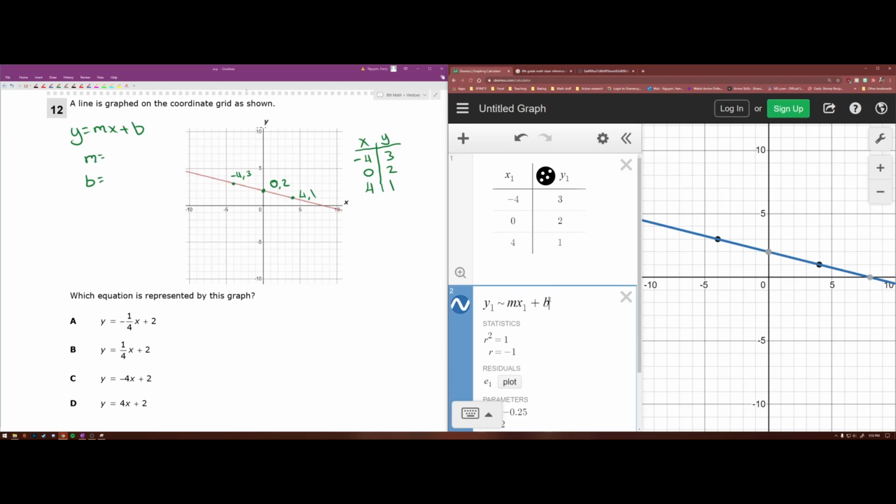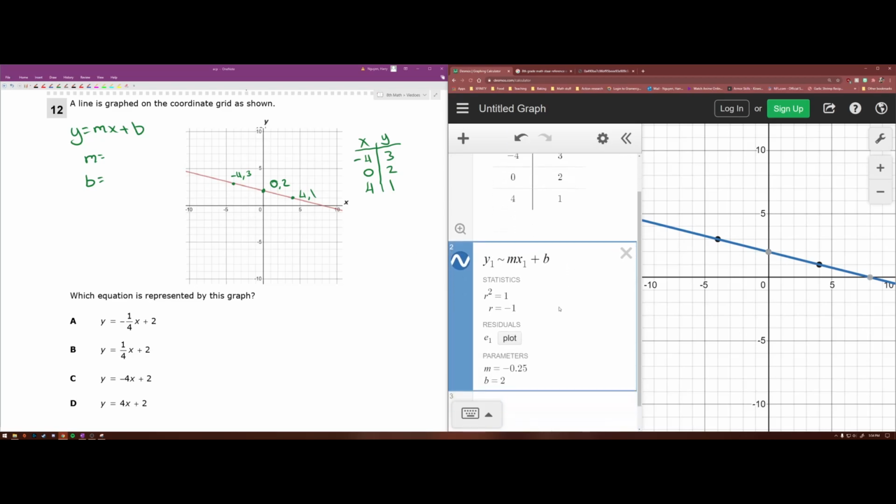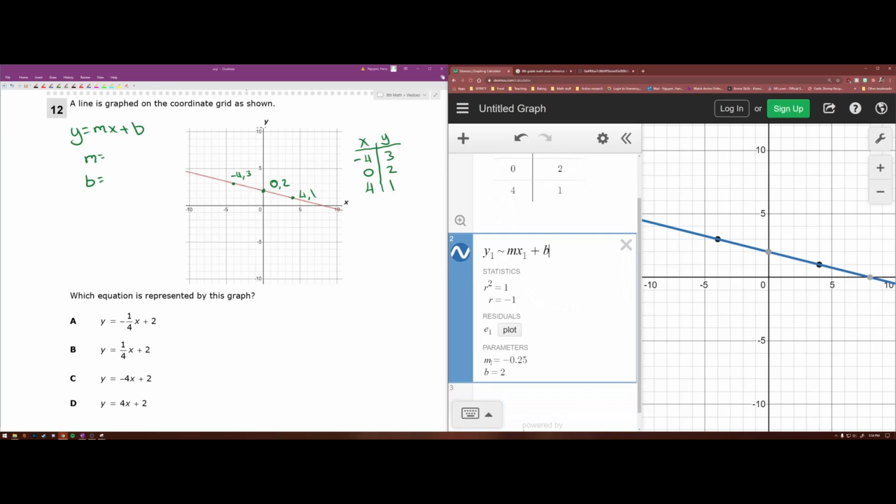M and b stay the same. And remember, Desmos does not like equal signs, so we're going to use the tilde. Now we're going to scroll down and it's going to tell us m is negative 0.25 and b is 2.